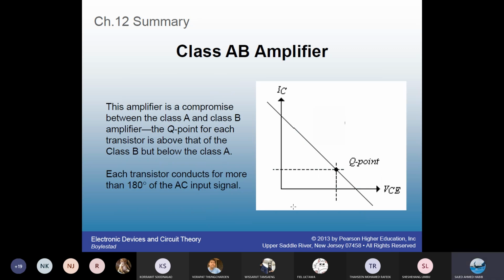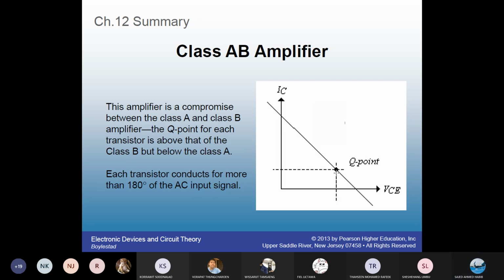For class AB amplifier, a compromise between class A and class B, you see the Q point is not in the middle. The midpoint is where I'm putting my mouse cursor. From the Q point of class A and Q point of class B, if you take the middle of these two, you get the operating Q point of class AB.